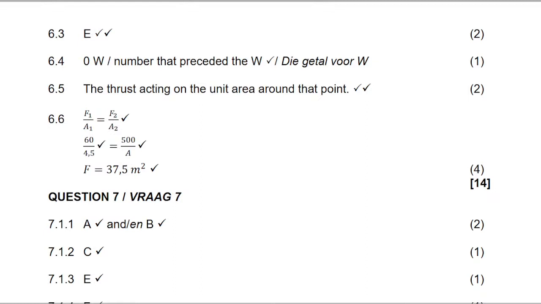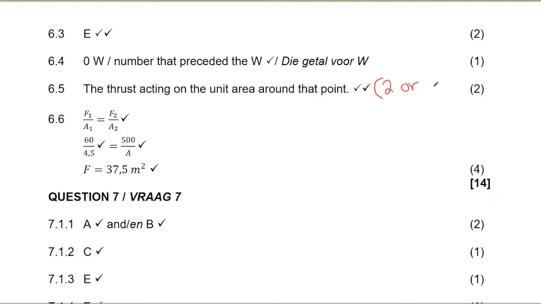So define the pressure at a particular point. I think this will be 2 or 0. The thrust acting on the unit area around the point. So that will be a 2 or 0 question.